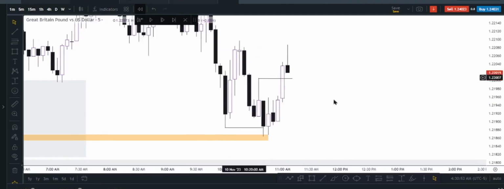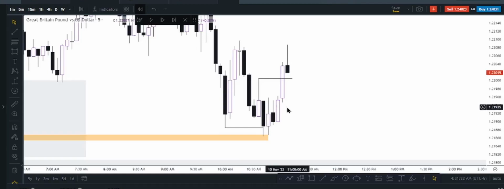Now take a look at what happened here. Where is your OB here? Now this is supposed to be your OB, this one. But if you look at this OB now, the next candle took it out. If we transfer this very OB to this next one, as you can see, this one is already mitigated, and we want imbalance.